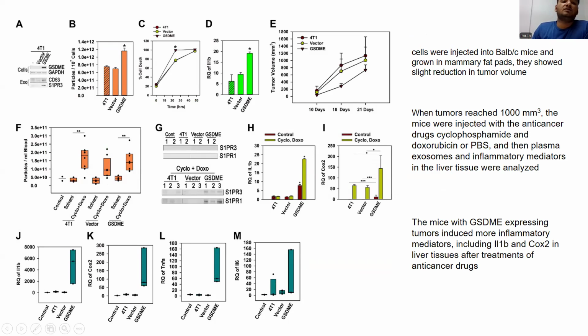The Gasdermin E containing cells also had the ability to induce interleukin-1 beta in the mouse bone marrow macrophages. These cells were injected into BALB/c mice and grown in their mammary fat pads, and it was shown that the Gasdermin E overexpressing tumors had decreased tumor volume when compared to others.